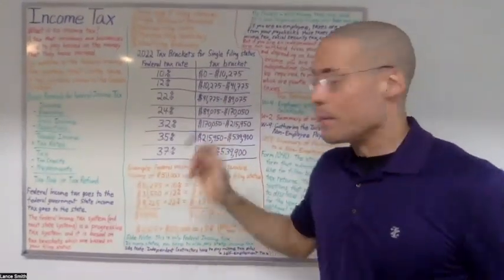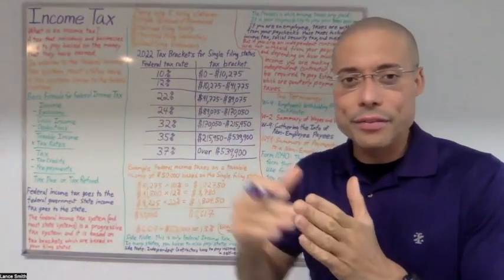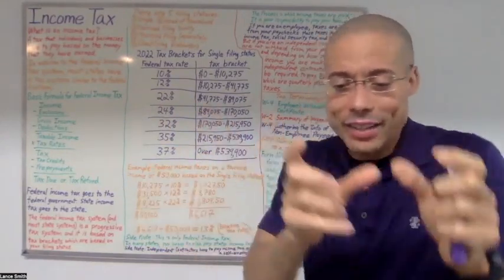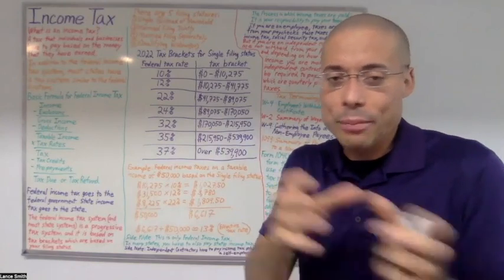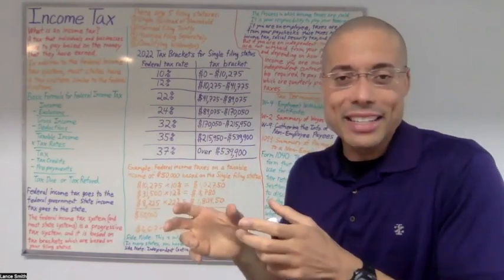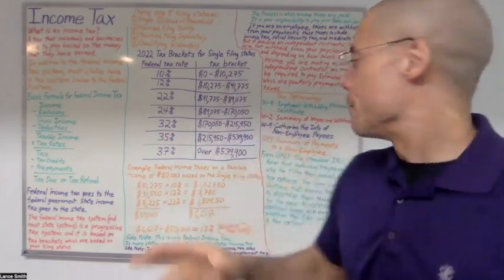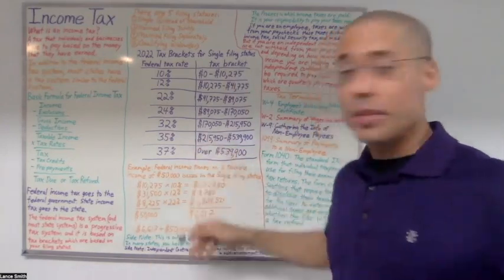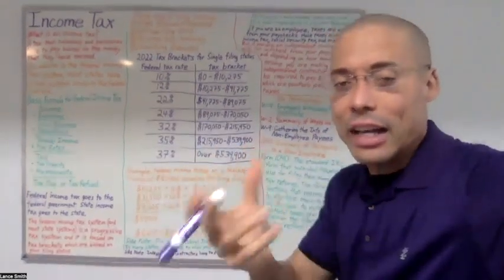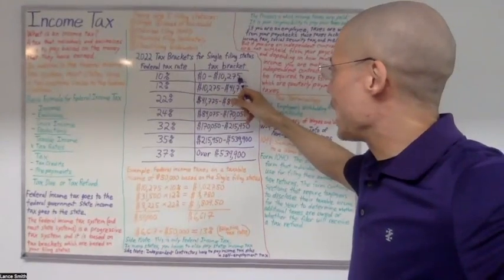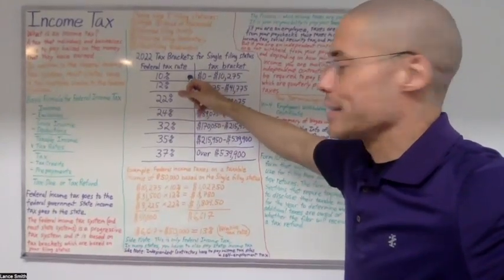However, remember, this is a progressive tax system. So it's not that you take the whole 22% and apply it to the whole $50,000. No, it doesn't work that way. It's progressive. So if we go through the calculation, of the $50,000 taxable income, the first 10,275 falls into this first tax bracket.